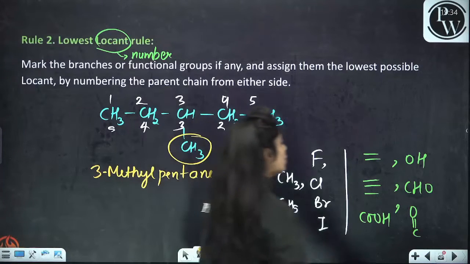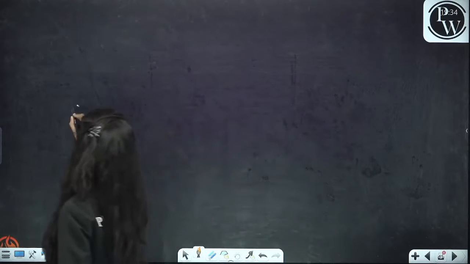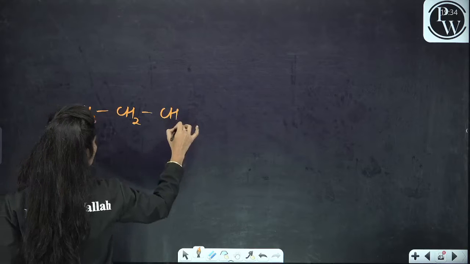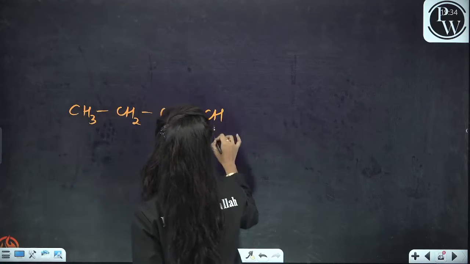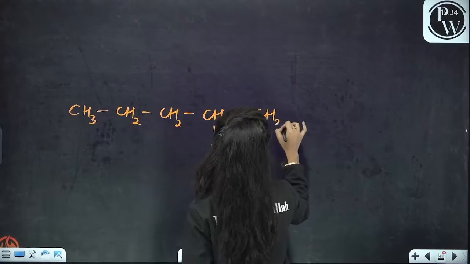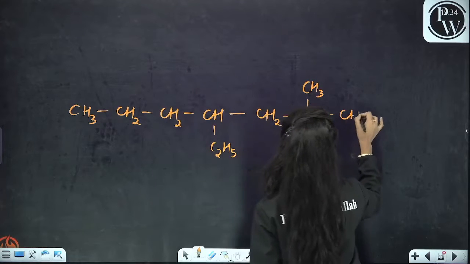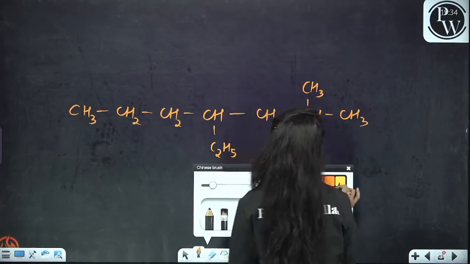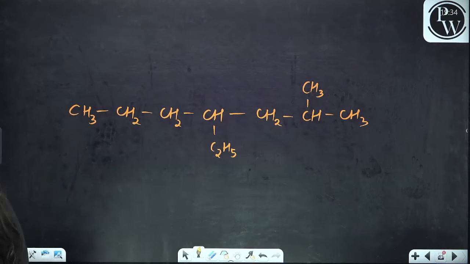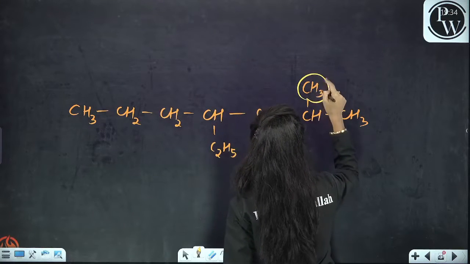Done. Now suppose we have this CH3, CH2, CH2, CH, C2H5, CH2, CH, CH3, CH3. Done? How can you name this? Now we have 2 branches. One is your methyl, you need to name it.